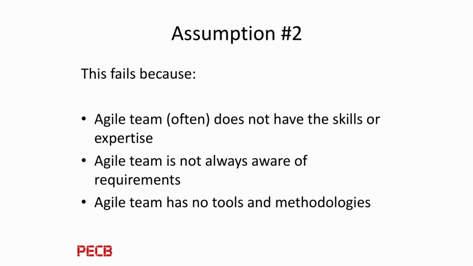Well, it turns out that a lot of time people within the Agile project don't have those experiences, they don't have the skills, and they don't have the expertise, just because they're only focused on building functionality. And the Agile team is not always even aware what the security requirements are for the solution that they are building. And if they do, they don't have the tools and methodologies available to implement those.